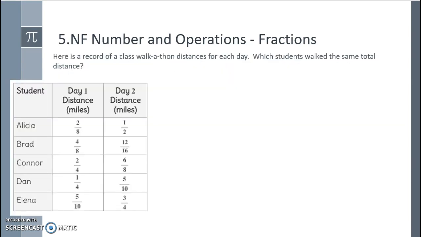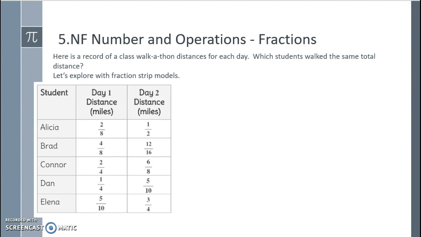Here's a record of a class walkathon, distances for each day. Which students walked the same total distance? We're going to explore this using fraction strip models. So I'm going to pull up a fraction strip manipulative, virtual manipulative I should say, and there are fraction strips that you can print and color on your own in our manipulative folder too if you'd like to have something tangible.